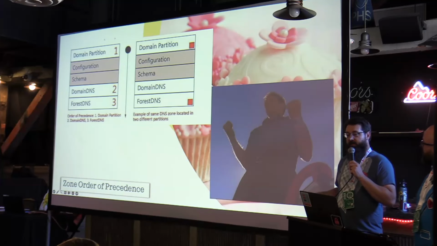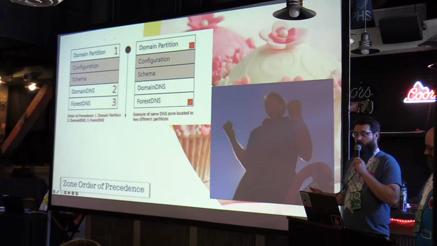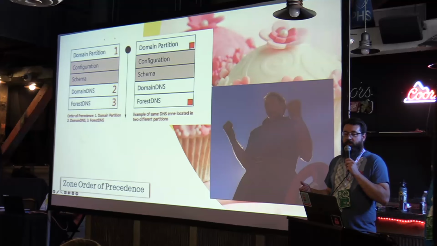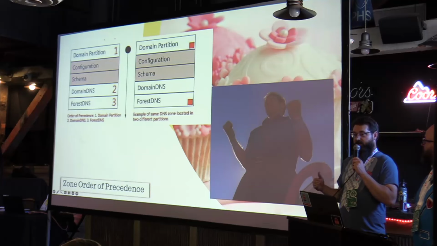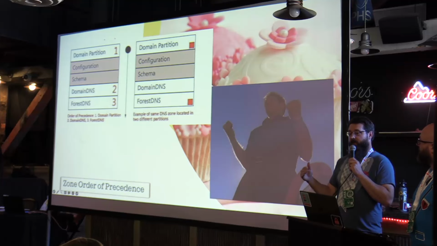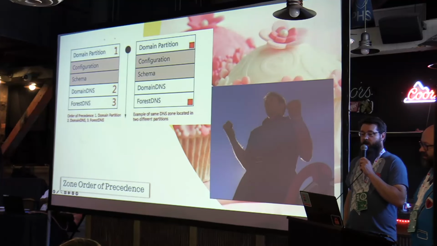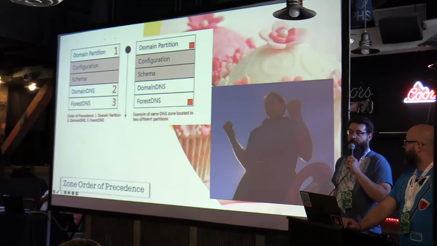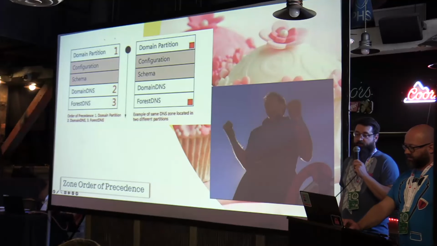But it also means it's possible to have multiple copies of the same DNS zone accidentally or even on purpose. So you could have the contoso.com namespace in a forest DNS zone, a domain DNS zone, and a legacy DNS zone. You don't do that on purpose, really, but there is a way to do that by trying to make changes to the DNS zone when you don't have the right permissions to do it. So there's an order of precedence.